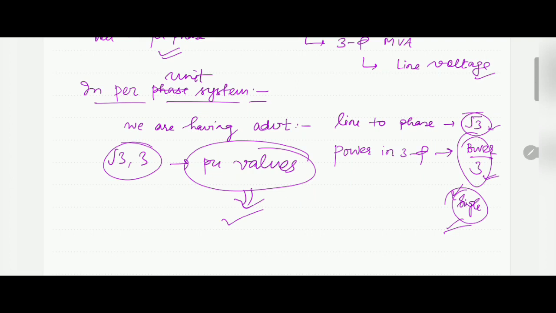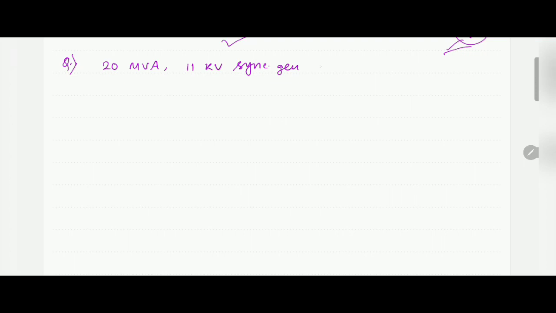Now we will consider some questions based upon the previous discussion. Let us take a question. A 20 MVA, 11 kV synchronous generator is having a synchronous reactance of 5 ohm.